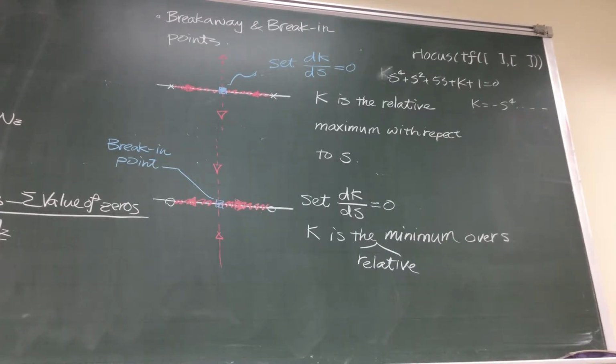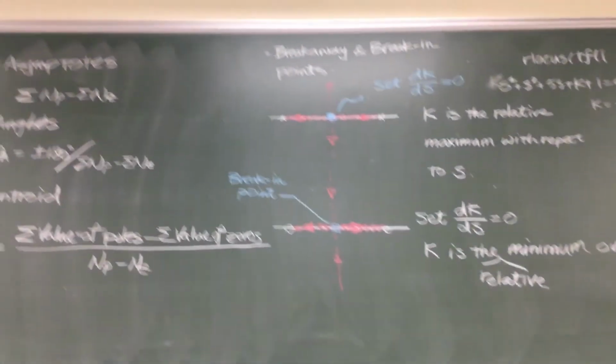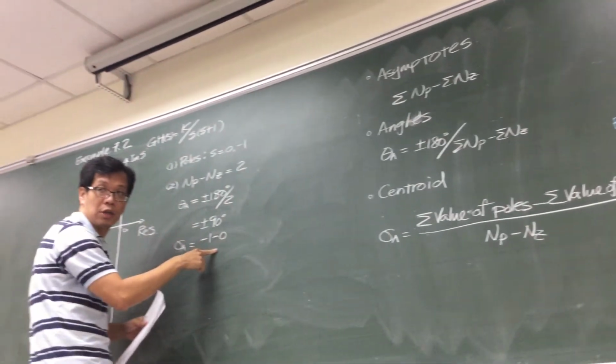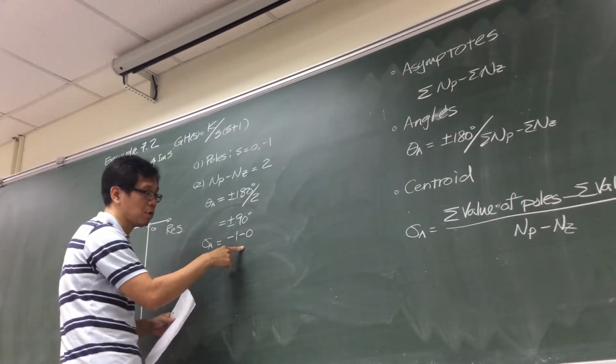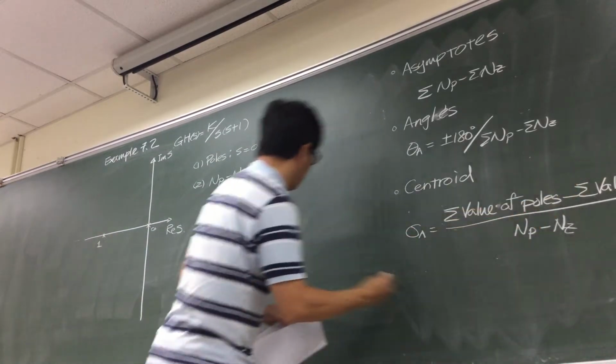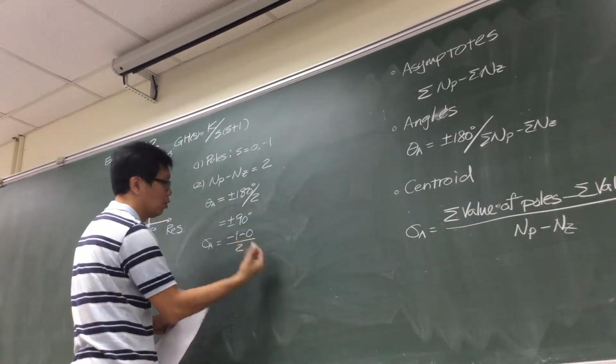So it's going to be plus 90, minus 90, right? And the centroid is going to be minus 1, minus 0 because those are the locations of my poles, and I don't have any zeros, so I don't need to worry about this part over here, divided by 2.